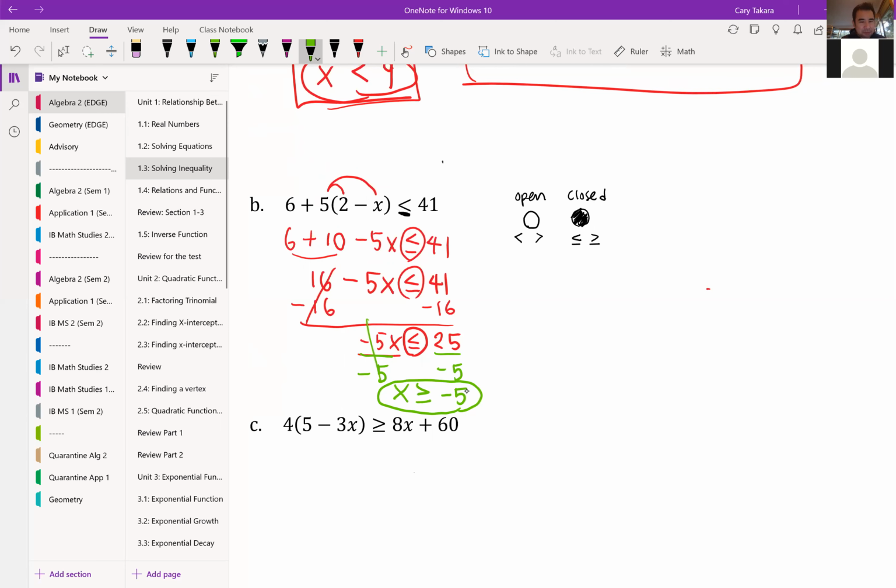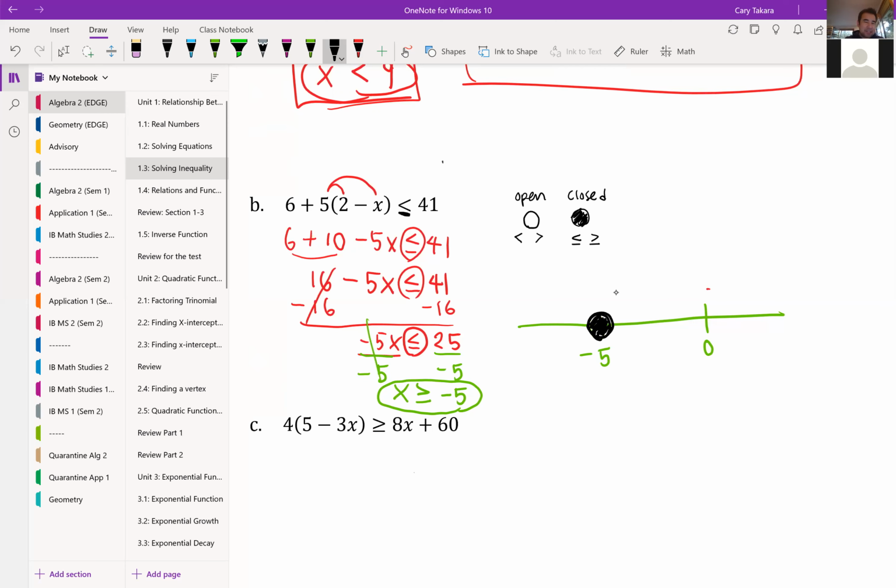Now, let's graph the solution set, okay? So here's a 0, and let's locate negative 5 over here, okay? And this time, we are going to fill the circle in.